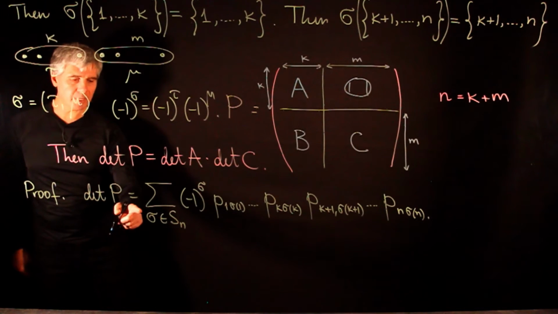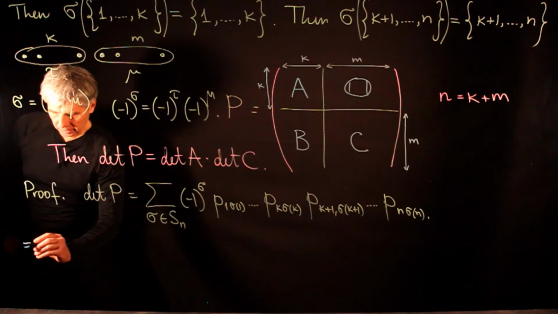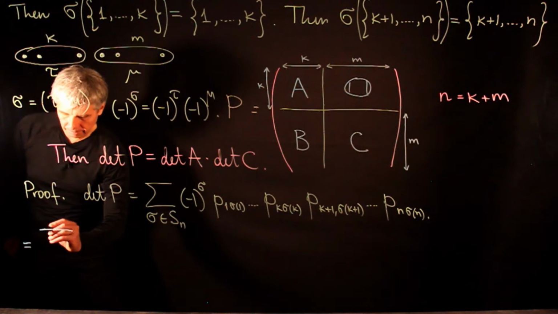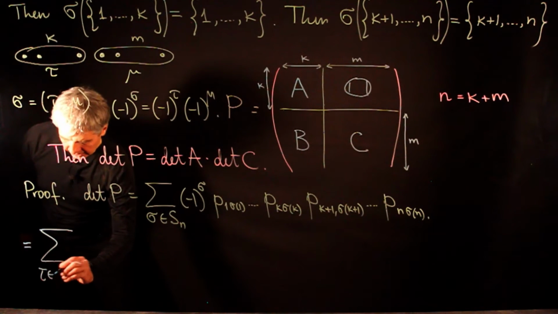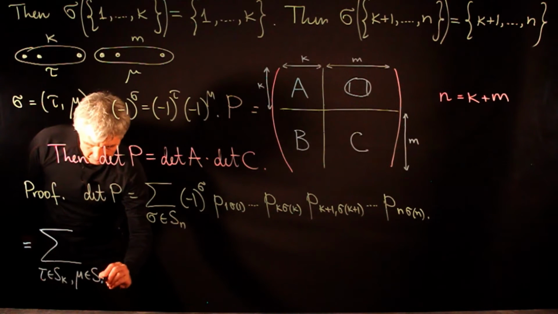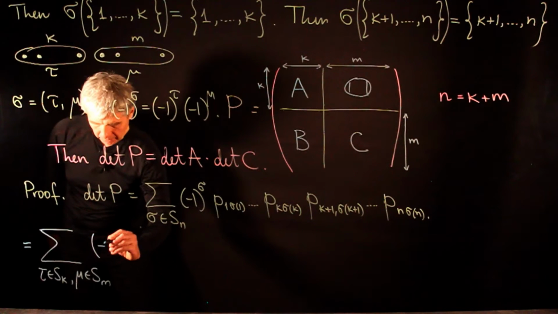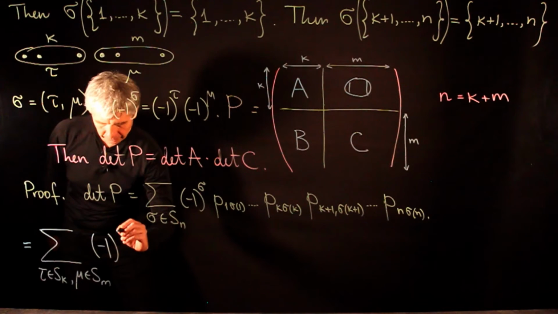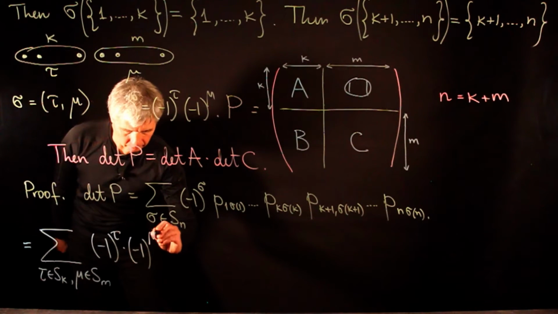And now, if we come back to this formula for the determinant, we can write it as a sum over tau in S_k and mu in S_m. Instead of the parity of sigma, we write the parity of tau times the parity of mu.